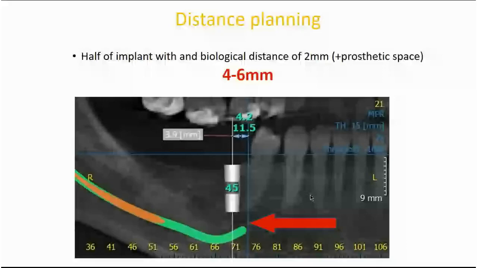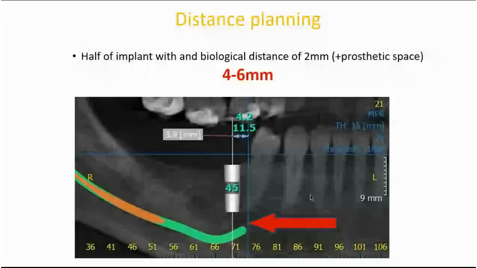And then if we are planning additional prosthetic space for the molar, we should add 1 or 2 extra millimeters. And when we count all those millimeters, we need to be 4 or 6 millimeters away from the neighboring tooth: 4 millimeters if we are planning that for premolars, and 6 millimeters if we are planning the situation for molars.